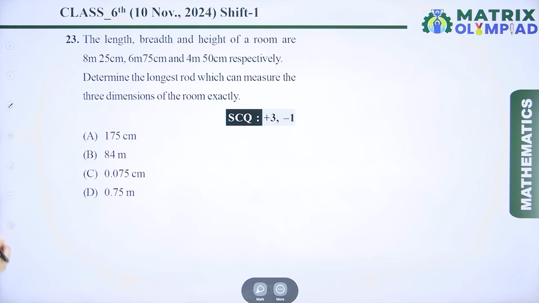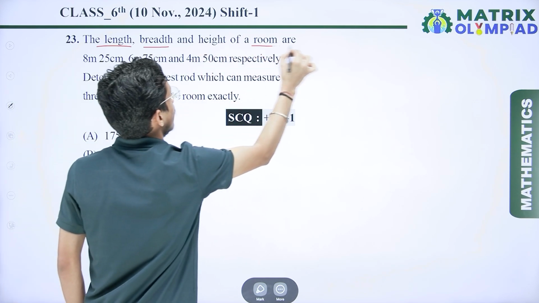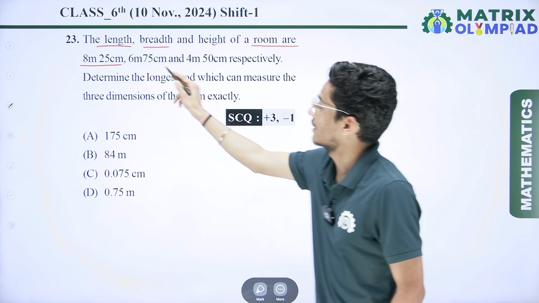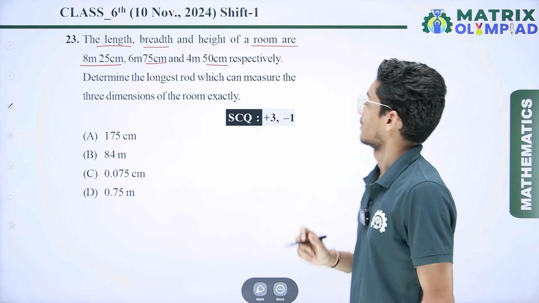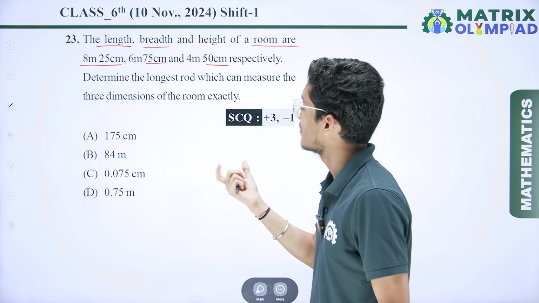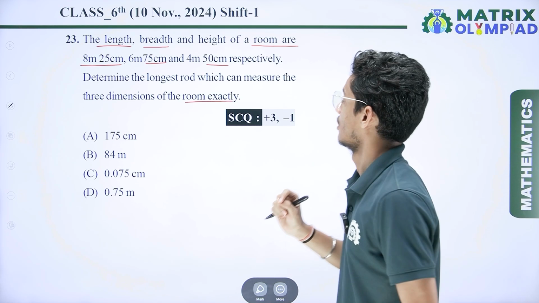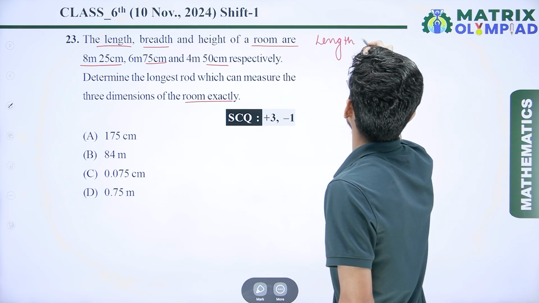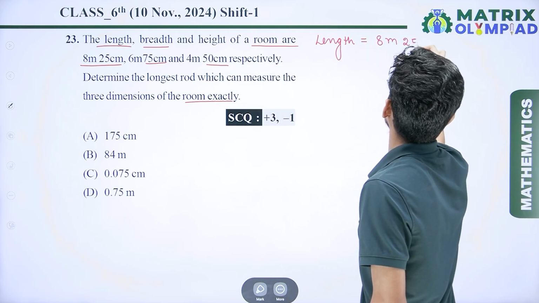So now if I talk about the next question, that is, the length, breadth and height of a room are 8 meter 25 centimeter, 6 meter 75 centimeter and 4 meter 50 centimeter respectively. Determine the longest rod which can measure the 3 dimensions of the room exactly. So here we have to find the longest rod. First, the length is given, that is 8 meter 25 centimeter.